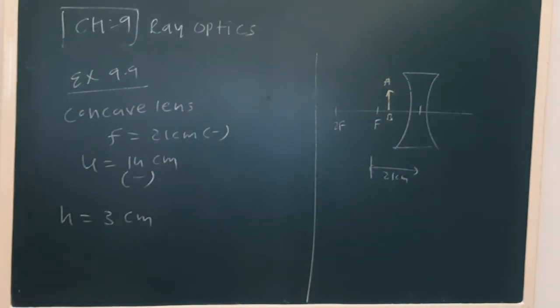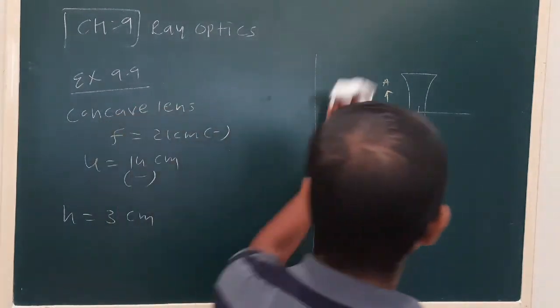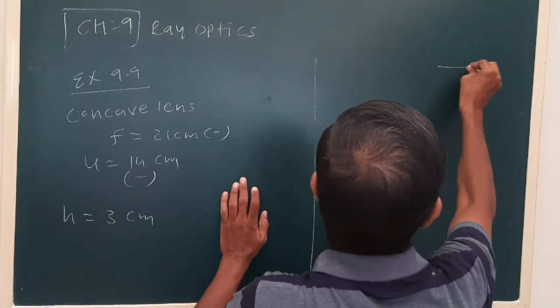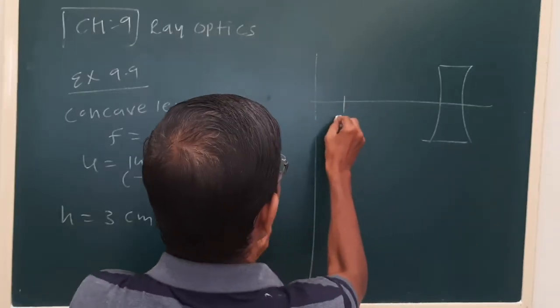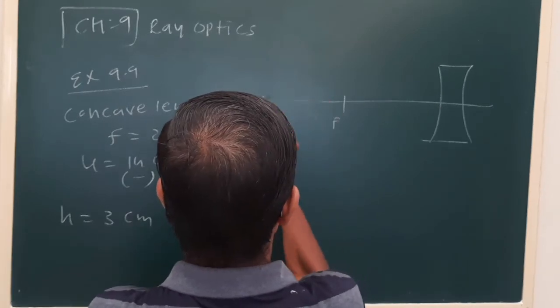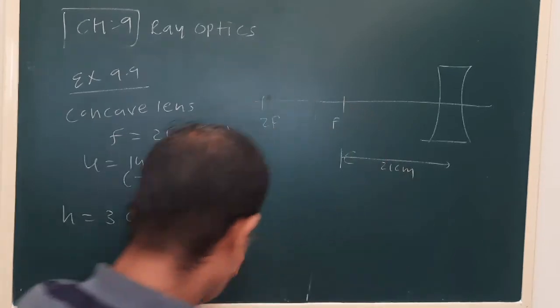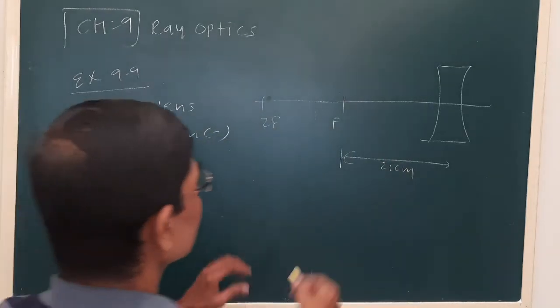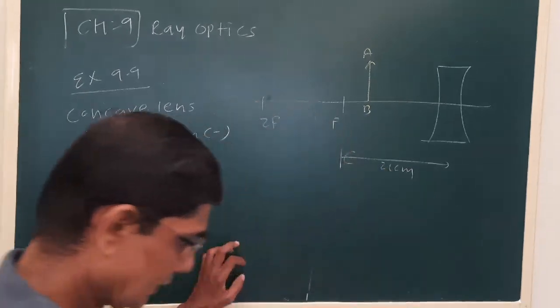We have to see how the image is formed. Now we draw the ray diagram. Let us take some larger value so we can draw it easily. Now see the object AB at a 14 centimeter distance.